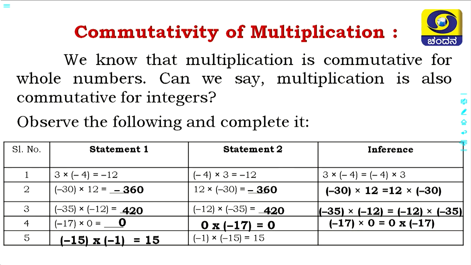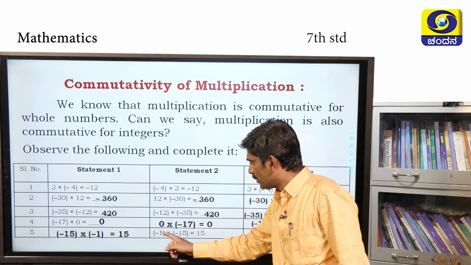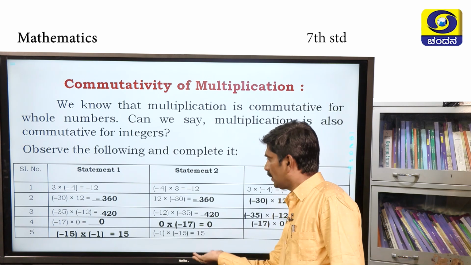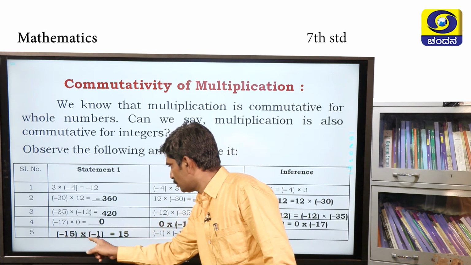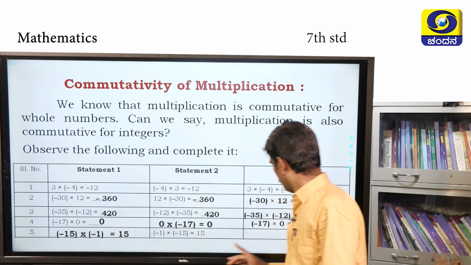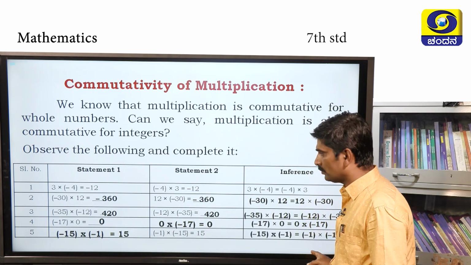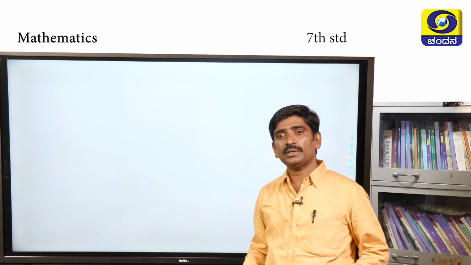Last one, minus 1 into minus 15, minus into minus is plus, 15 ones are 15. Interchange: minus 15 into minus 1, minus into minus is plus, 15 ones are 15. Are these two statements equal? Yes. What do we observe here?